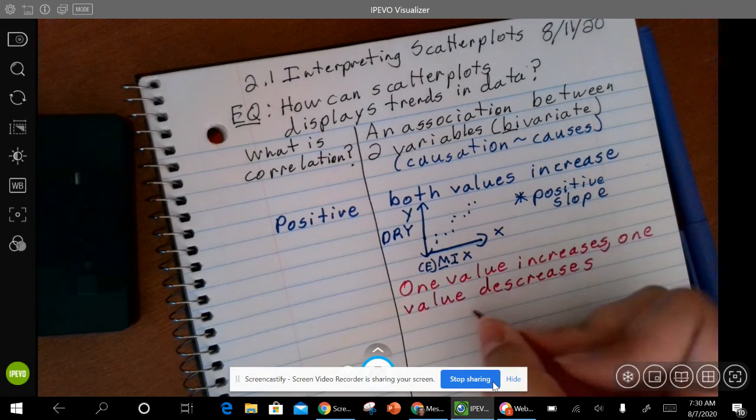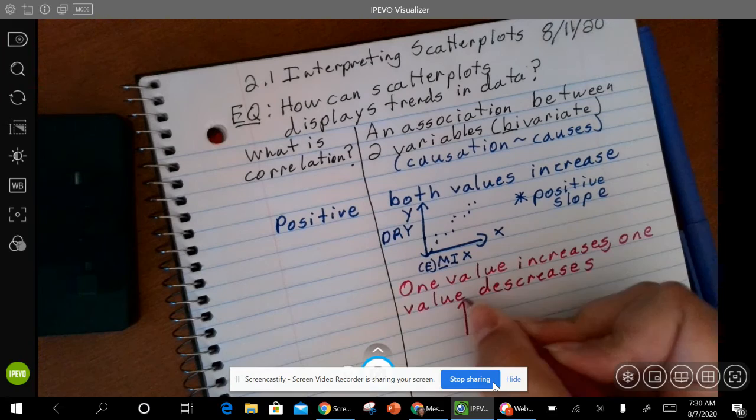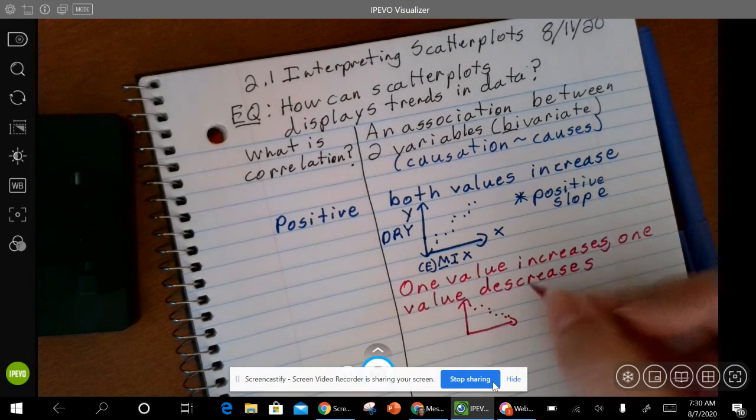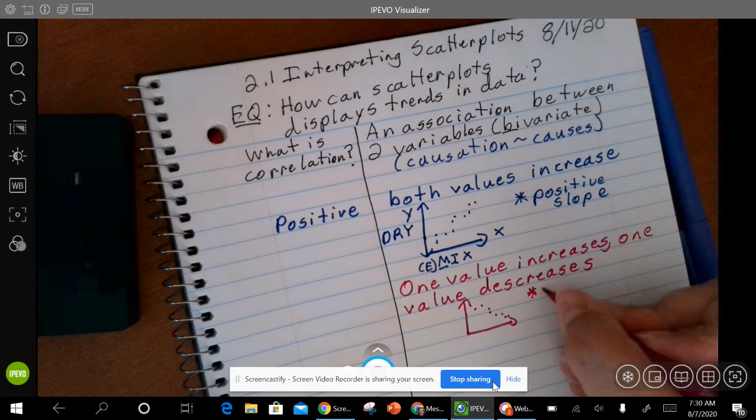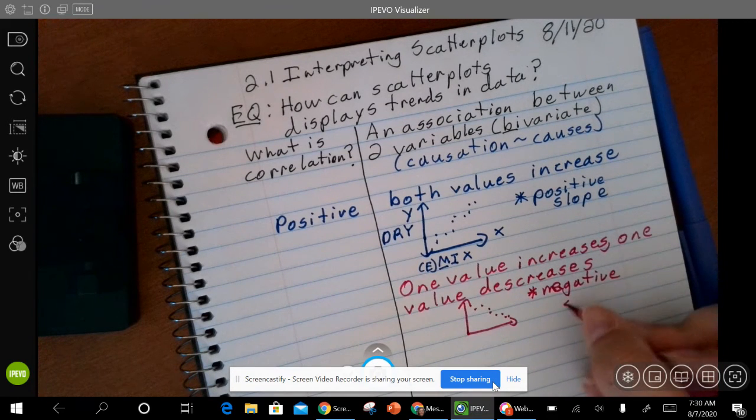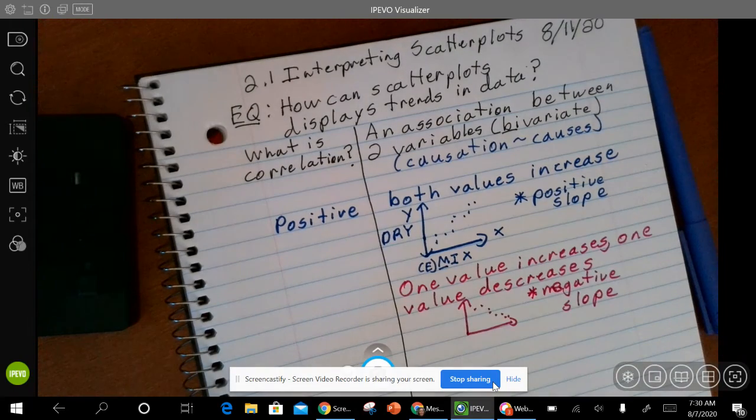Okay, so that would be an example if we have a negative slope. It's going down. Okay, so it's a negative slope. Focus on what I'm writing. So that's going to be a negative slope.